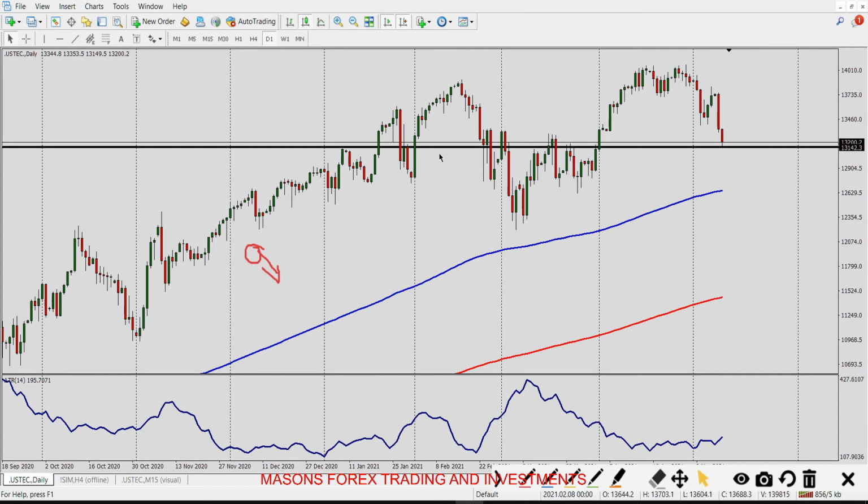What makes this line significant, which is 13142.3, this line is made significant by the number of touches. So we have one touch here. We have another touch by this green candle here.